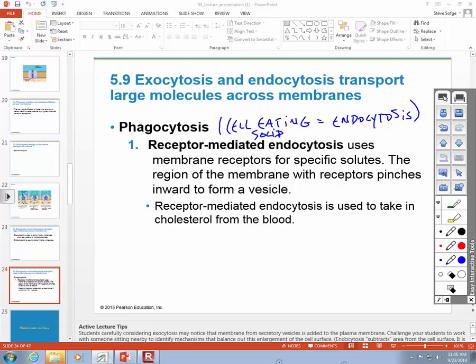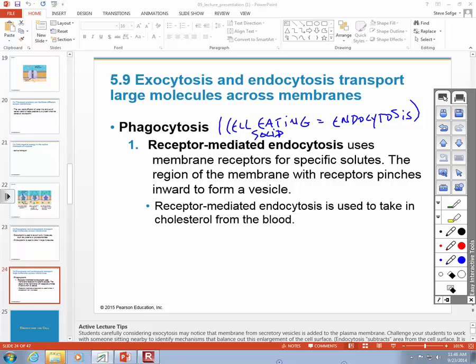Sometimes we do this very specifically in order to get things that cells need, so they call it receptor-mediated. You have to have a receptor so that if this thing happens to move past the cell and that cell has a receptor for that specific thing, then it will attach to the receptor and be brought into the cell. Some things cells need very specifically, and some things they don't. It depends on the cell.